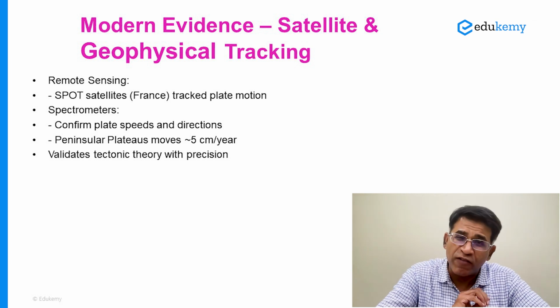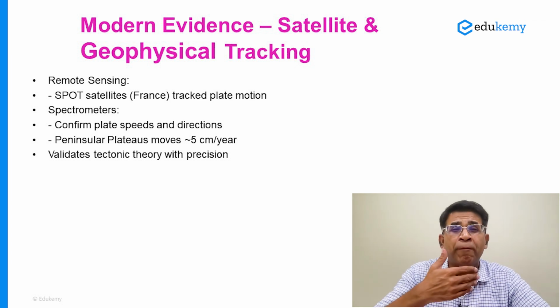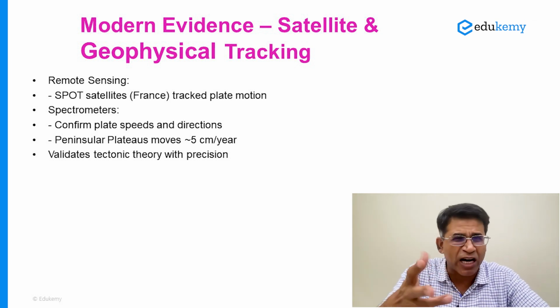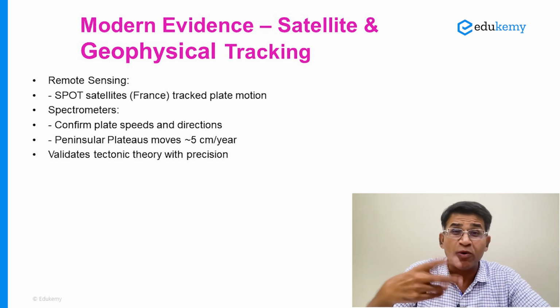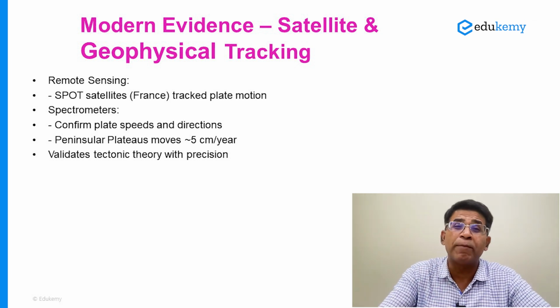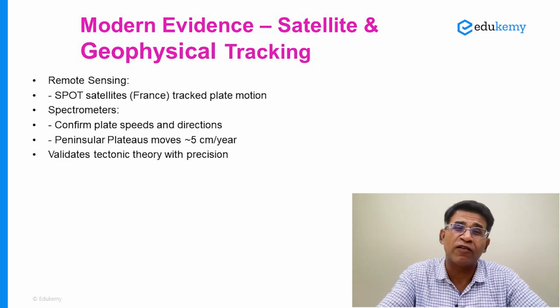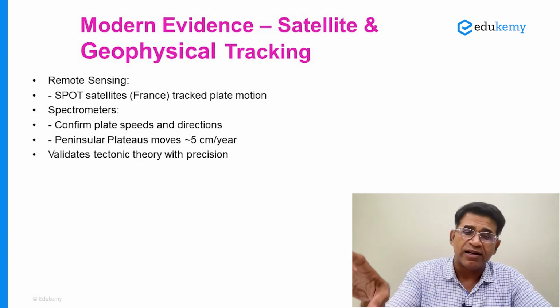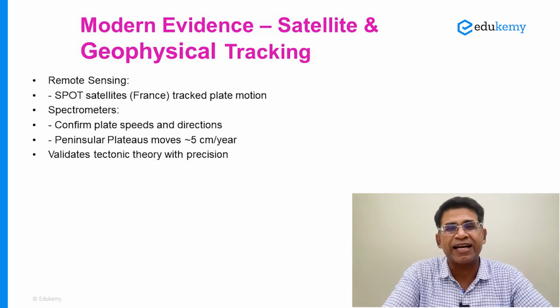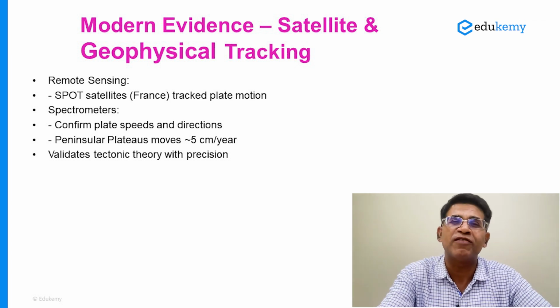We have almost confirmed evidence of how the peninsular plateau is moving at a rate of approximately 5 centimeters in 1 year. And we do have movement of the plates of the Pacific Ocean and the Atlantic Ocean. So all that is part of the modern satellite-based tracking that confirms the presence of tectonics.